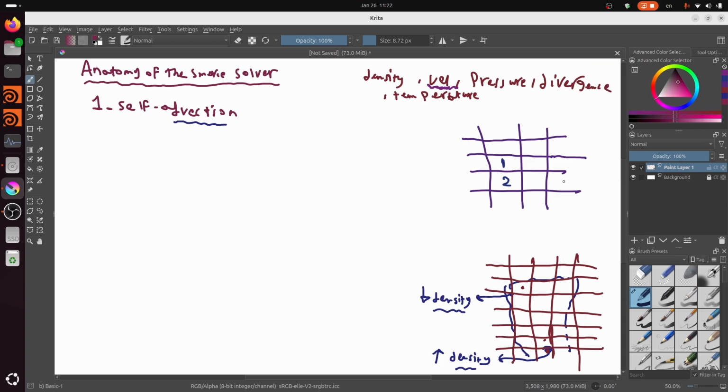So the velocity field is going to look, for example, something like this. It's just a vector field, so it means that we have here vectors with magnitude.